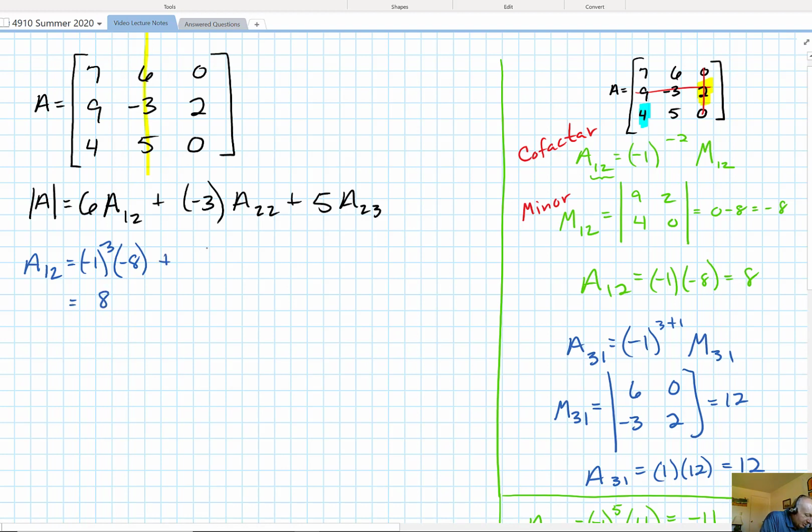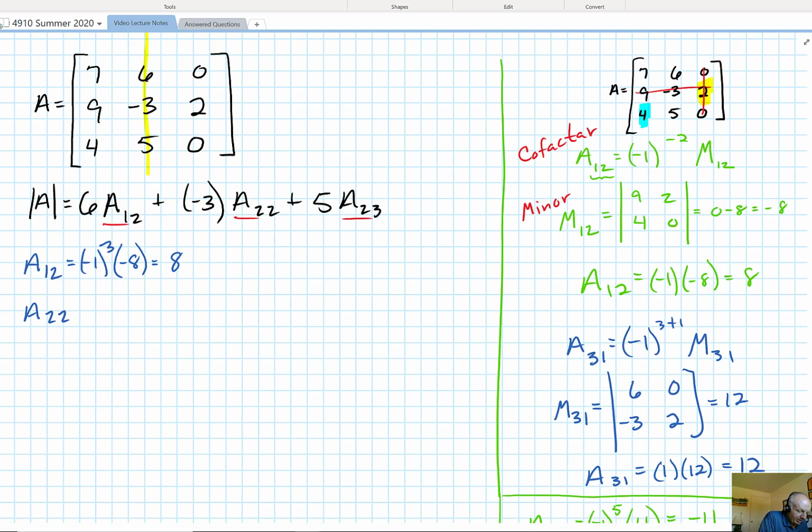Sorry, we aren't expanding that yet. Where's my eraser? There we go. So this turns into an 8. Now we need the 2, 2 cofactor, because we're just doing this part first.